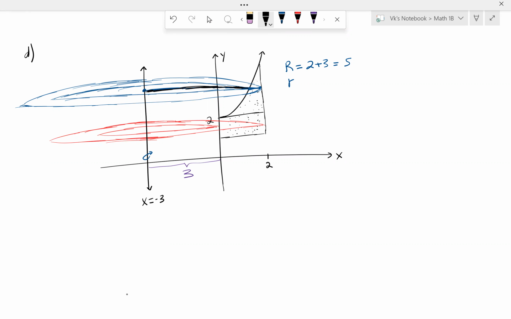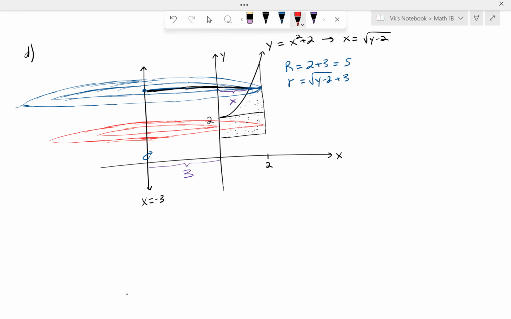So it looks like we have 3 plus this distance right here, which is x, so 3 plus x. And we know this curve is y equals x squared plus 2, so x is the square root of y minus 2. So it's the square root of y minus 2, plus 3.